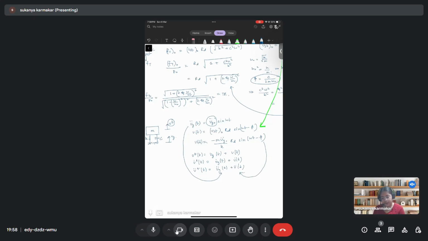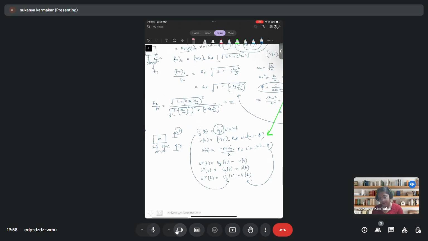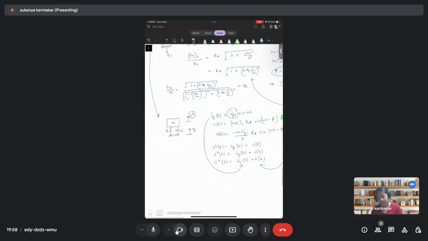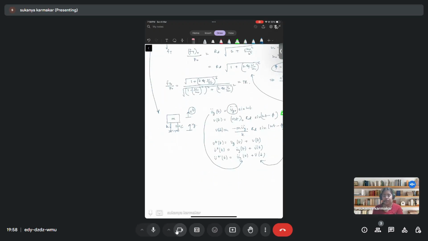This will give me an expression for the double derivative of u total, that is the total acceleration of the body. In this case, transmissibility is how much acceleration is transferred to the body because of this ground movement. So you will define transmissibility by u naught double dot t, naught because it is for the peak value, by u ground double dot.